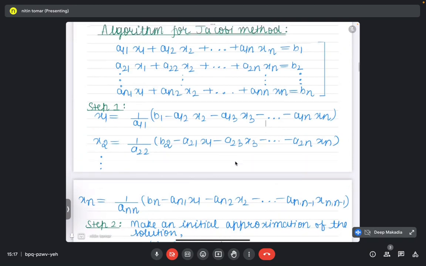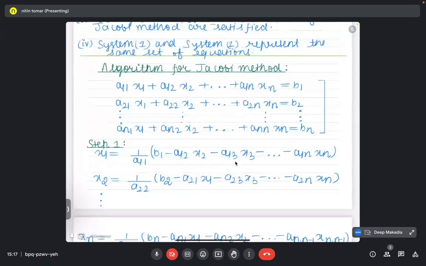Given an n linear equation system, what do you do in the steps? What are the hypotheses of the Jacobi method? Can you tell? Is the screen visible to you? Okay, then can you tell me the hypotheses of the Jacobi method?